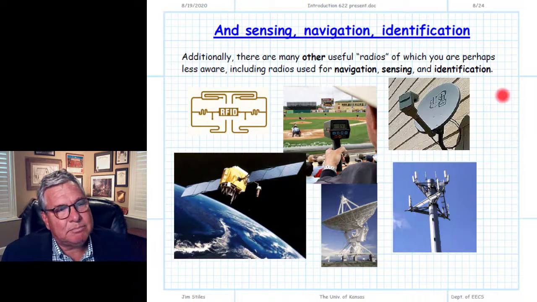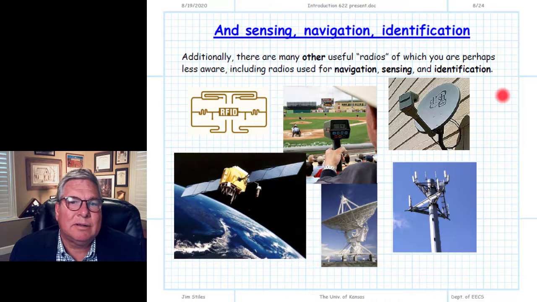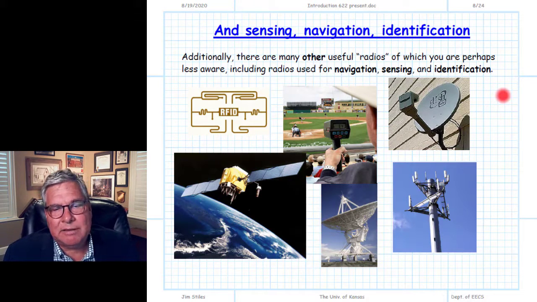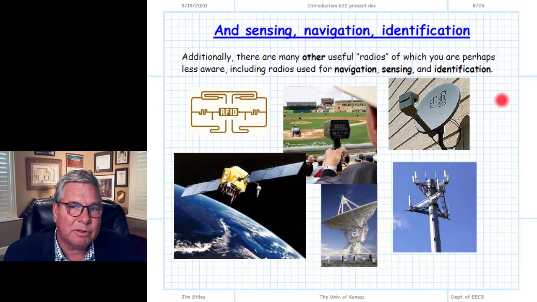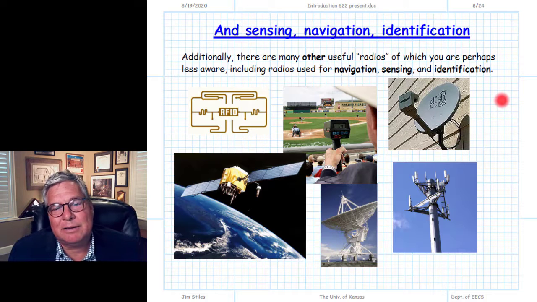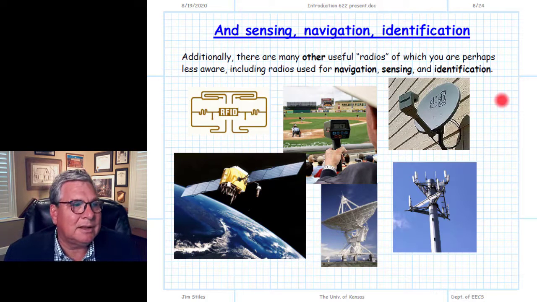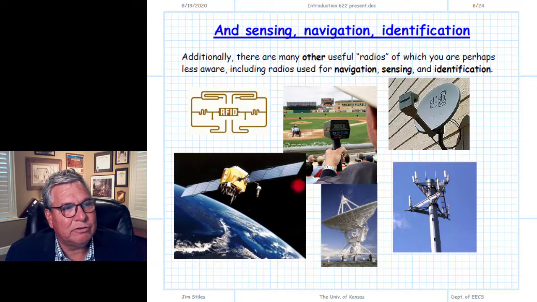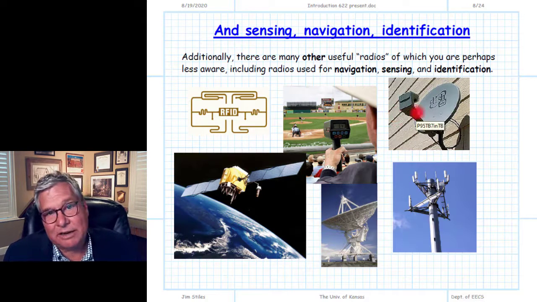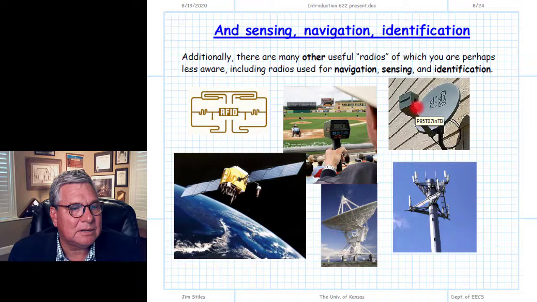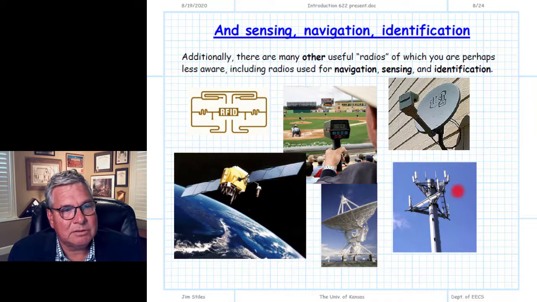And this abundance of radio receivers goes beyond simply the commercial or consumer products that you are familiar with. There are lots of other radios built out there that you probably don't own: satellite communications, radars. Here's satellite communication with the dish TV, and cell phone towers.